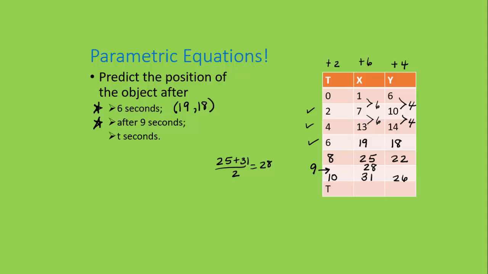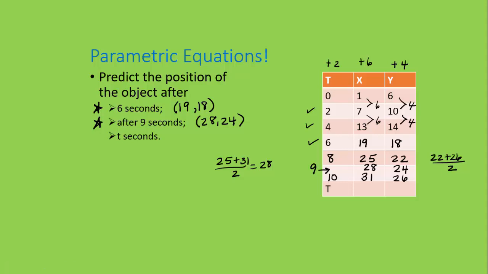And halfway between 22 and 26 is a little easier to figure out. That's just 24, right? So after 9 seconds, my moving object is at (28, 24). Now that worked fine. Now let's say I wanted to know the position of the moving object after 100 seconds or an hour.